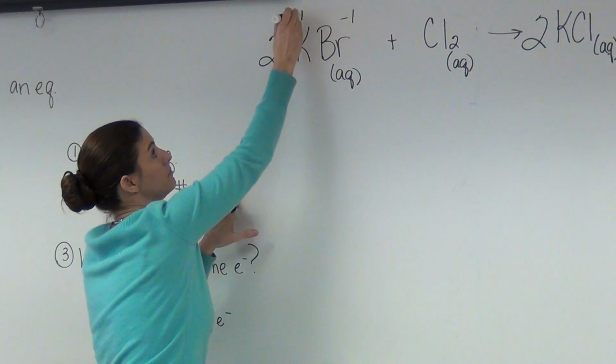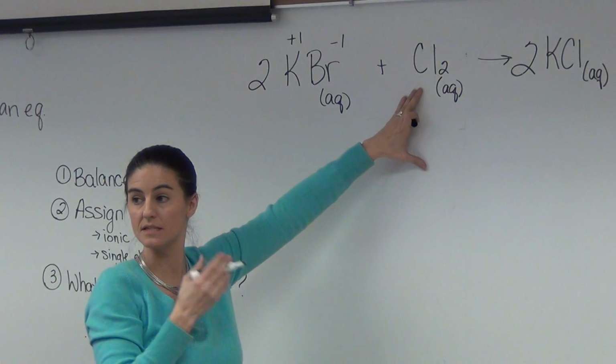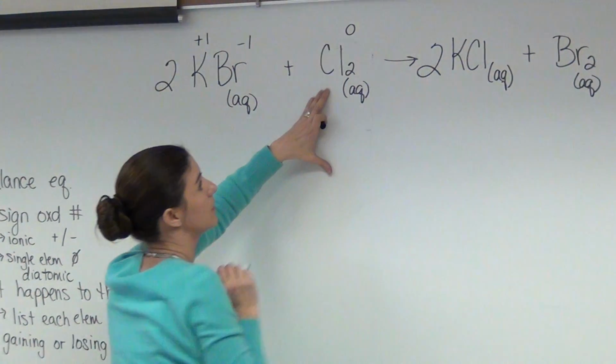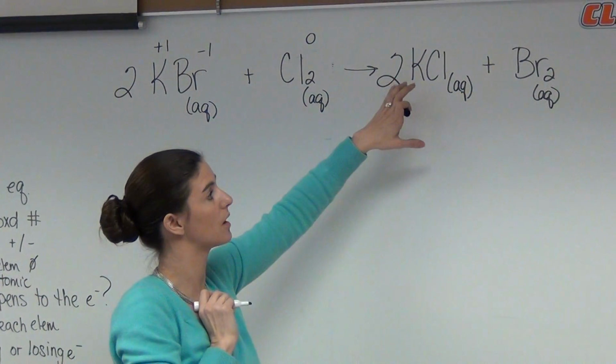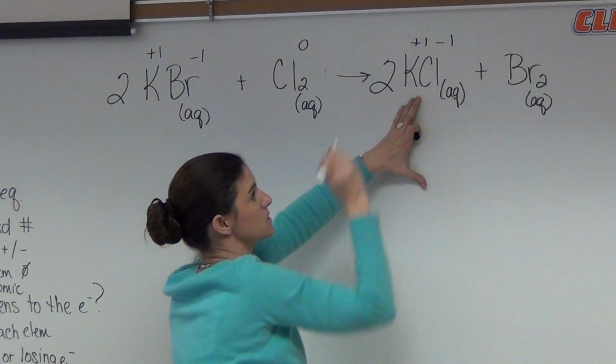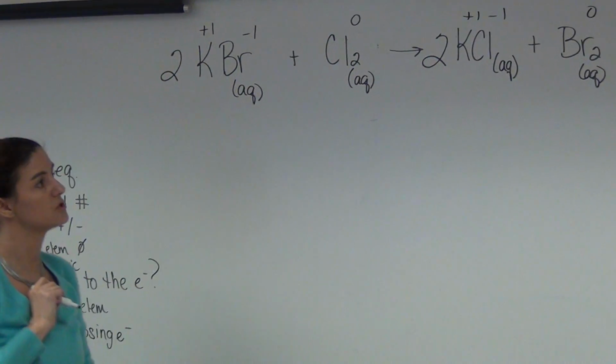So this must be a +1. Chlorine's diatomic, but it's a single element, not in a compound. So we're giving it a 0. Do the same thing for our products. -1, +1, single element gets a 0. So that's step 2.